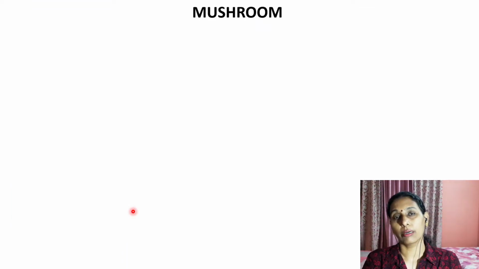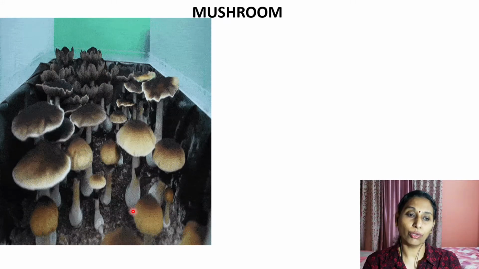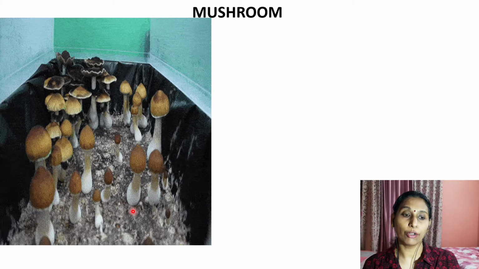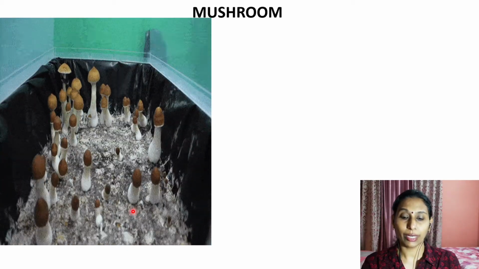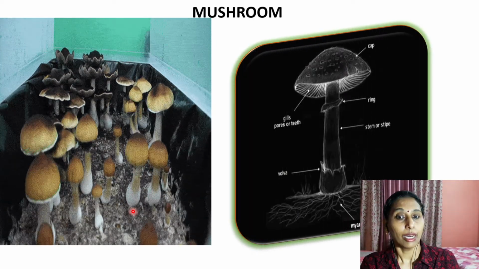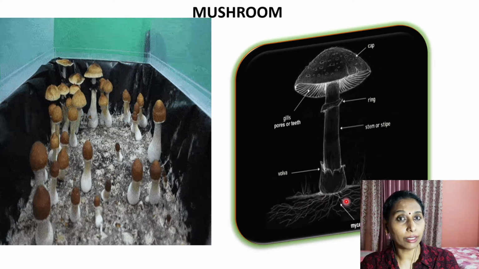Now, we'll have to learn a little more detail about the mushroom, because you have this for practicals. You'll be given a specimen of mushroom and you'll have to observe the parts of the mushroom and label the parts. So you can see the mushroom when it grows is just like an umbrella. But actually, the parent body, the main body, is under the soil.